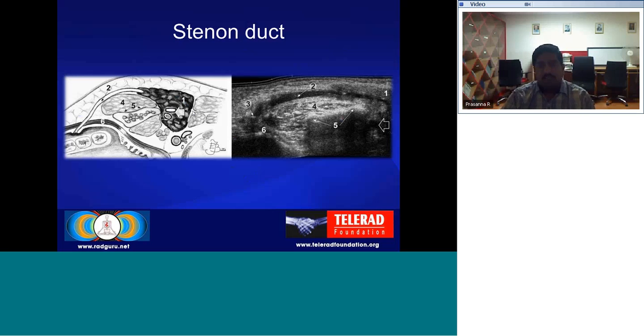About 1 centimeter of the duct passes on the masseter and can be imaged by keeping the transducer transversely just about 1 centimeter below the zygomatic arch.